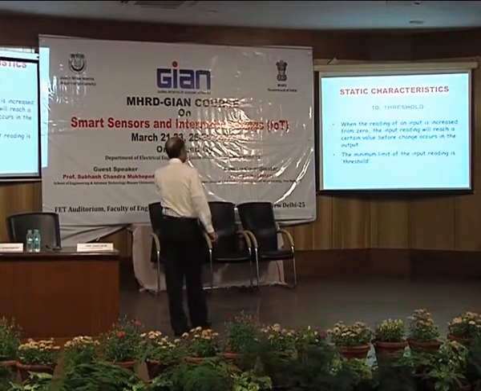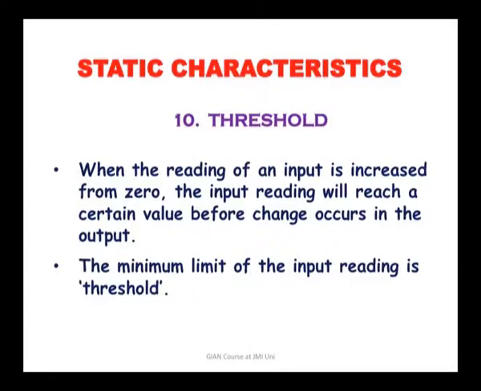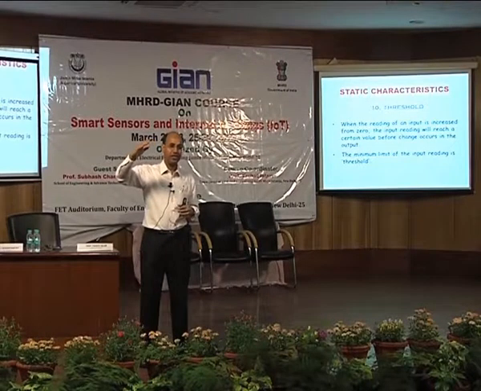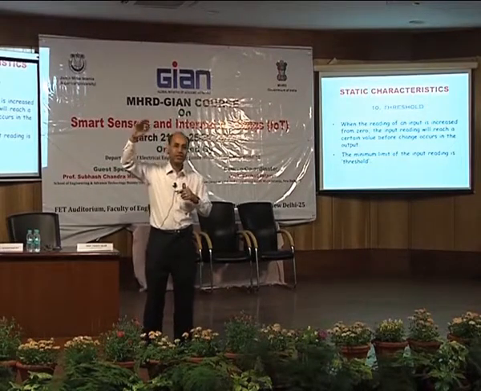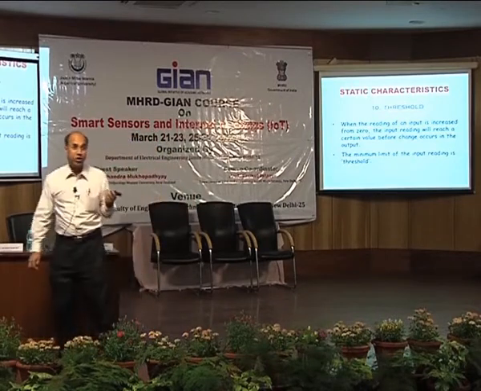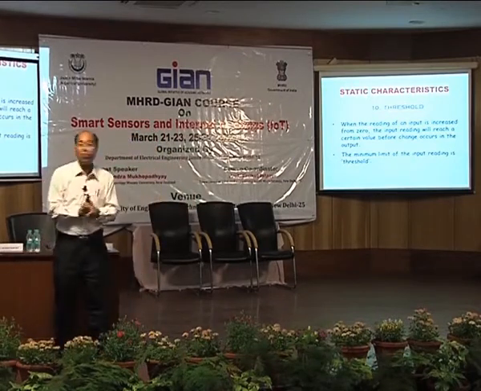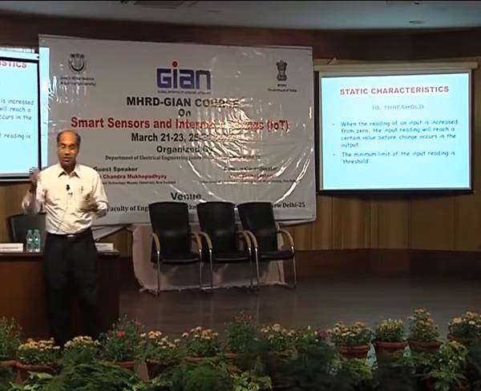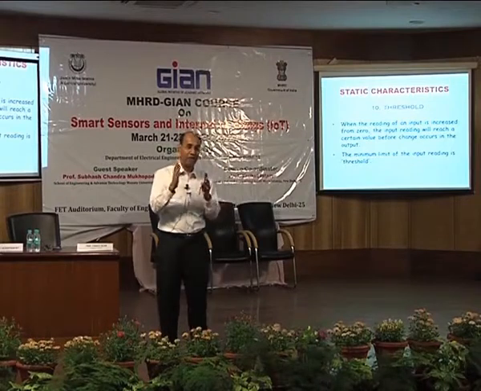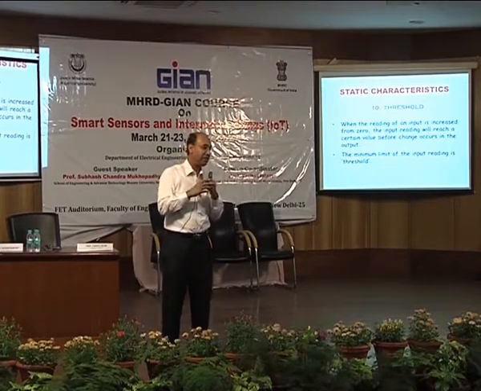Another important thing is the threshold. Threshold may not be so important from the sensor characteristics. It's useful when you make a system and you don't want to change anything unless you reach a certain value. And threshold is very, very important when you make a comparator. When you make a comparator, you have a lower threshold and an upper threshold, otherwise you will damage the comparator.